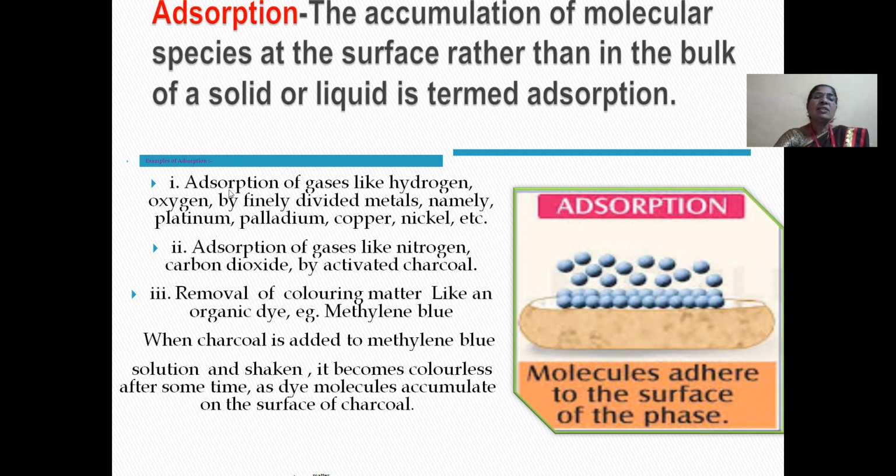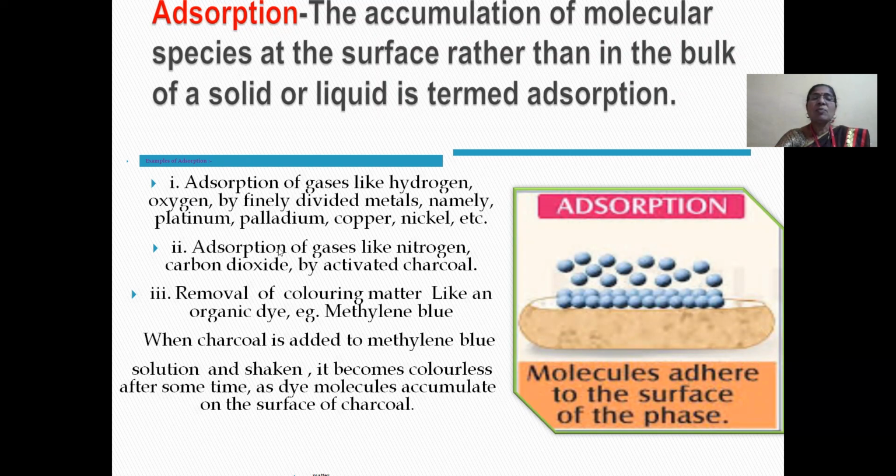There are some examples of adsorption. Number one, adsorption of gases like hydrogen and oxygen by finely divided metals, namely platinum, palladium, copper, nickel.